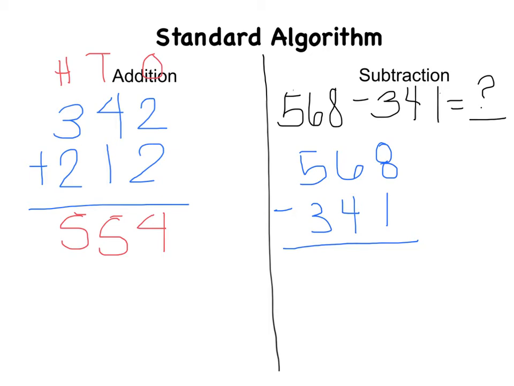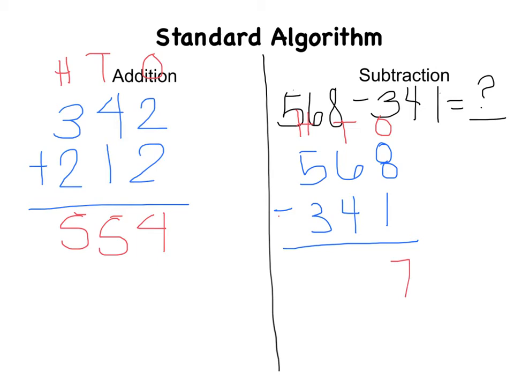Remember, boys and girls, that the hundreds, the tens, and the ones place all need to be lined up. Also, when using the standard algorithm strategy, I always want to start in adding the ones, or subtracting in this case. So, I know that 8 minus 1 gives me 7.